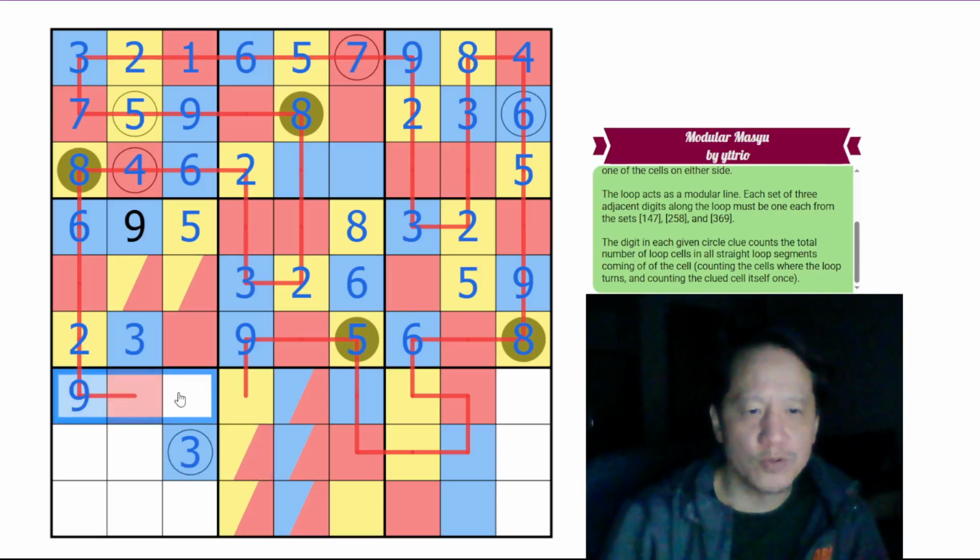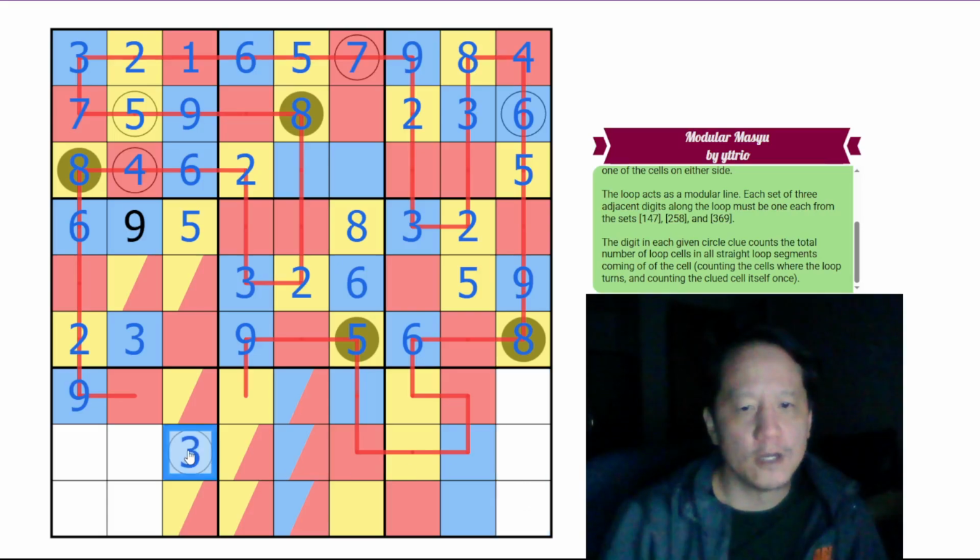So if we try blue, red, yellow, blue, so this is red and yellow here.